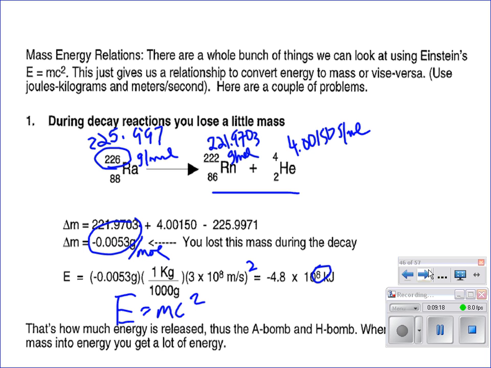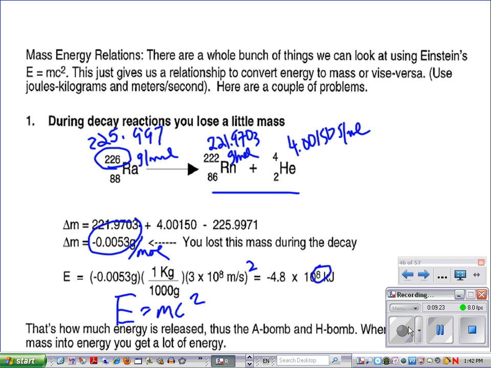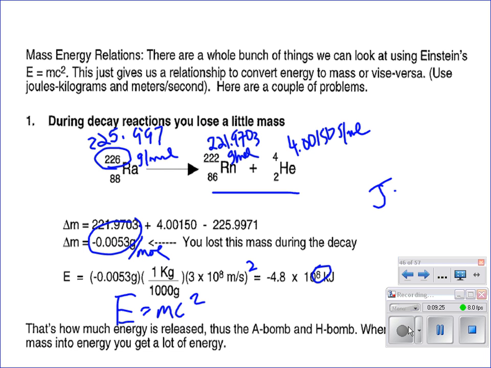Because we're solving for joules, the unit on the joules is kilograms meter squared over second squared. Because of that, you have to put kilograms into your E equals mc squared.